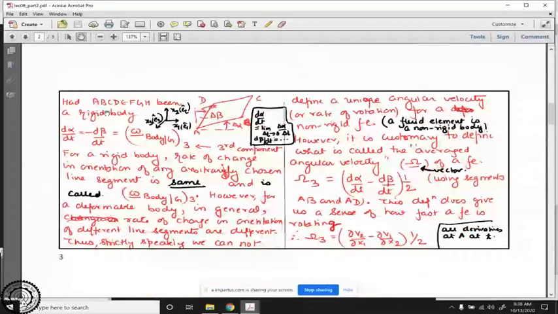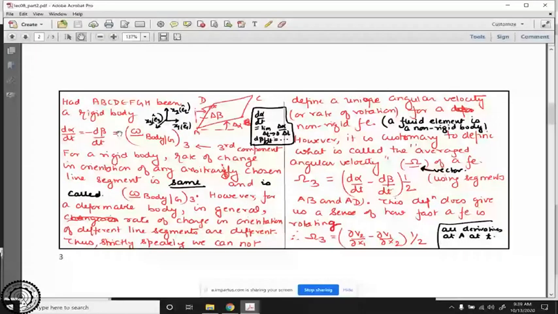So had A, B, C, D, E, F, G, H been a rigid body, I hope you will agree with me that d alpha dt should have been minus d beta dt, where alpha and beta would be the angles between side AB and the e1 axis and side AD and the e2 axis respectively.